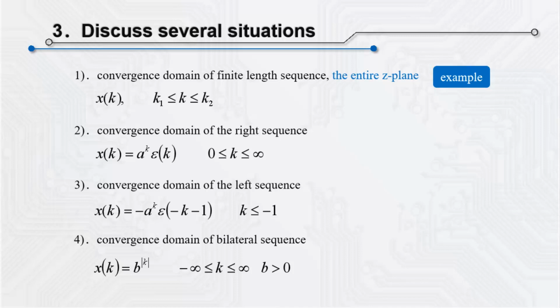The fourth case, the convergence domain of the bilateral sequence. In the process of analysis, we will take a finite length sequence, a causal signal, an anti-causal signal, and a bilateral signal as examples to discuss the characteristics of their convergence domains.